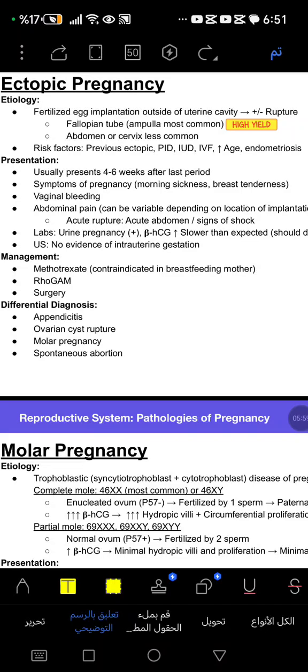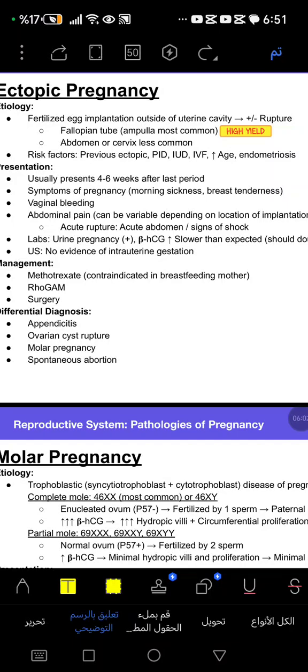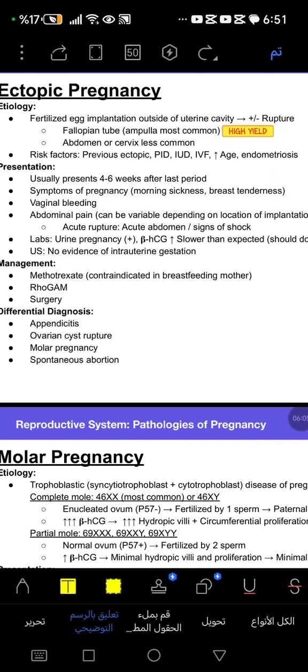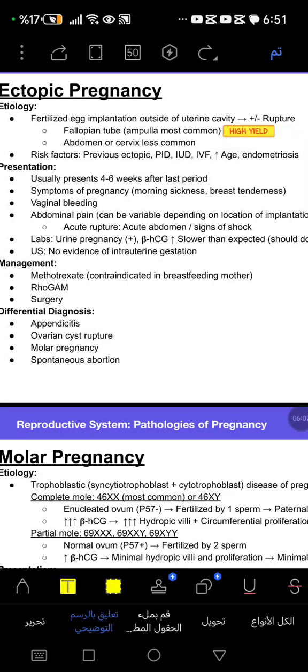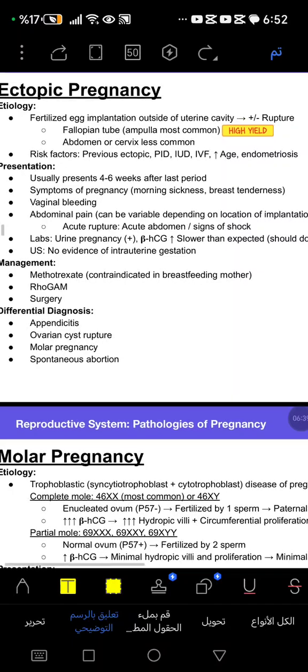So what is the mechanism of methotrexate? Methotrexate is a folate antagonist which inhibits dihydrofolate reductase. That enzyme converts dihydrofolate to tetrahydrofolate, and tetrahydrofolate is needed for thymidylate and purines such as adenine and guanine that are important for DNA and RNA synthesis.